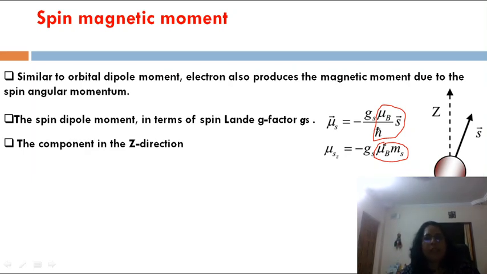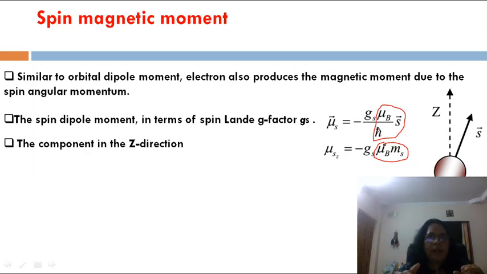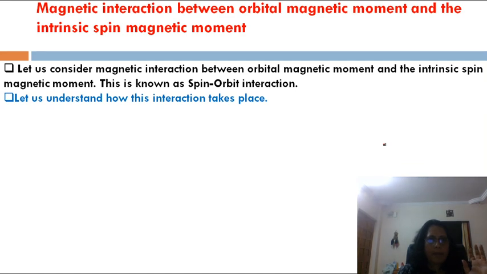So we are first revising the concept of orbital angular momentum, spin angular momentum, and their effects. Effect of magnetic field on orbital angular momentum and spin angular momentum. Now, the combined effect of magnetic field on orbital and spin angular momentum and the magnetic moments.